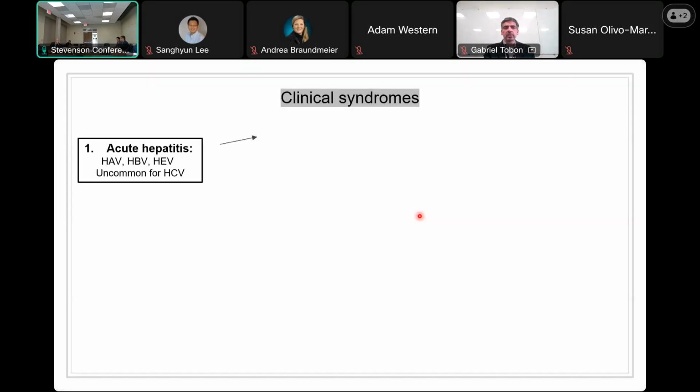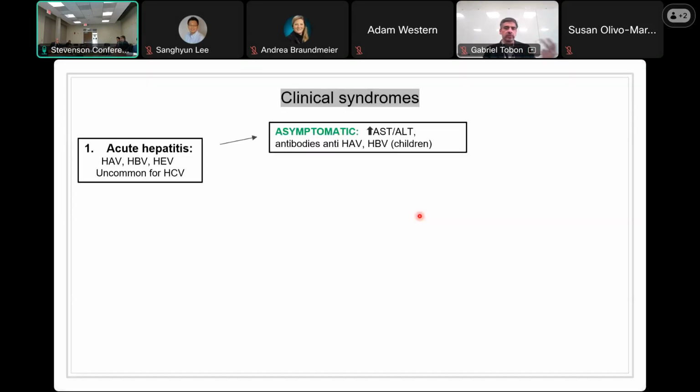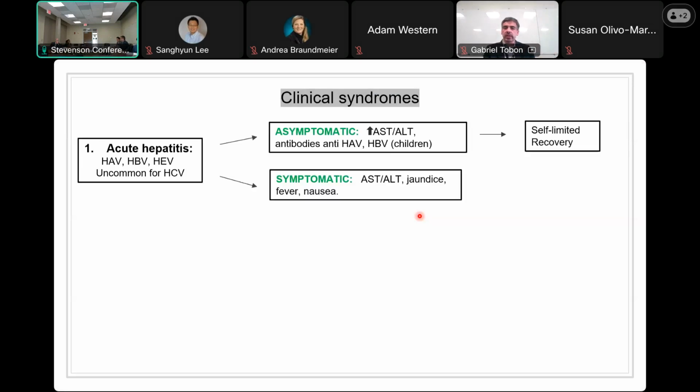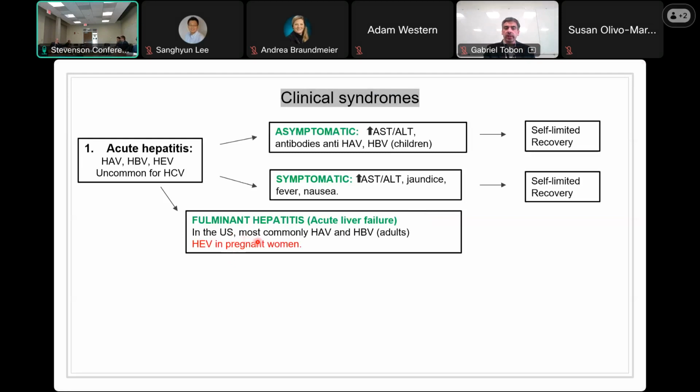And the clinical syndromes, always showing some patients are asymptomatic, some patients can have complications, some patients can have even liver failure. And here in red, we have an important complication that is very high yield in the boards. For example, hepatitis E in pregnant women is extremely complicated. So we established the link between complications, different clinical patterns, and also the board exam.